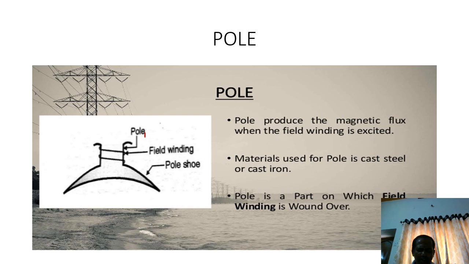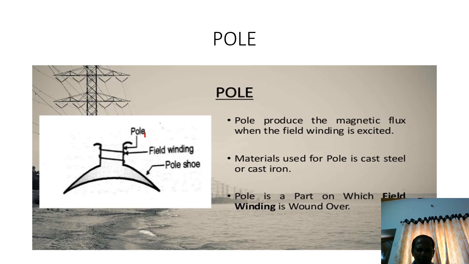The main function of the pole core is to establish the required magnetic flux. The field winding is placed on the pole core. When current passes through the field winding, the core becomes an electromagnet and establishes the magnetic flux. The flux can be varied by varying the current through the field winding.